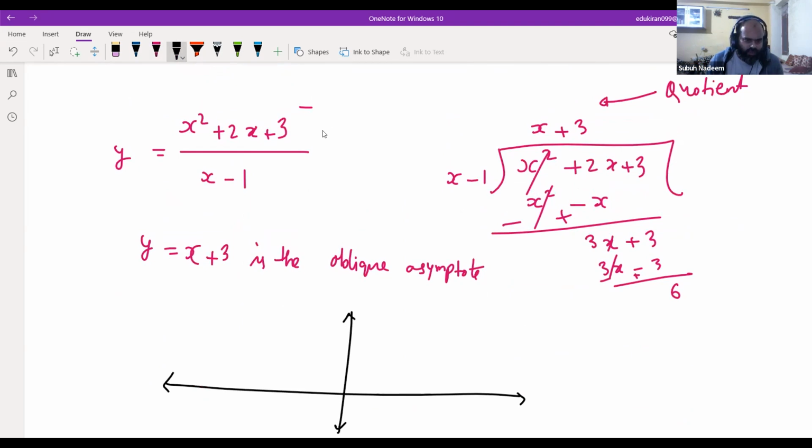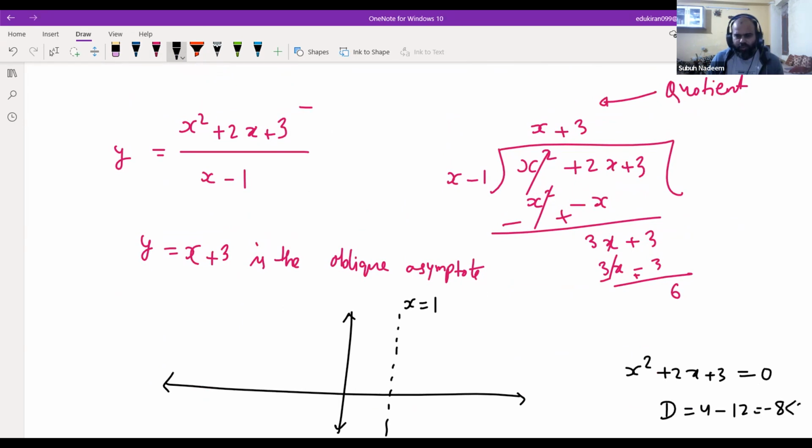This will have a vertical asymptote at x is equal to 1, because the denominator will become 0 there. And if you want to make the numerator x square plus 2x plus 3 equal to 0, its discriminant is 4 minus 12, which is minus 8, negative. So it is also not giving you real values.